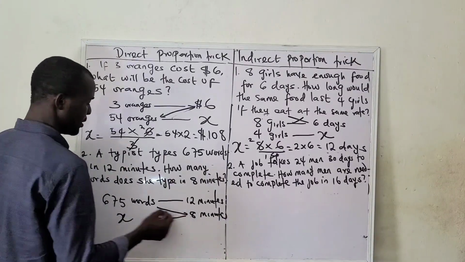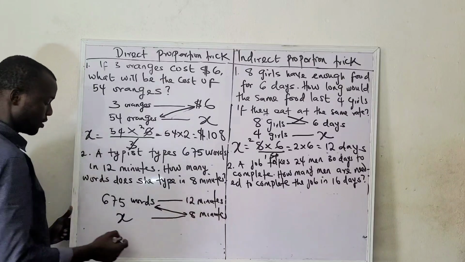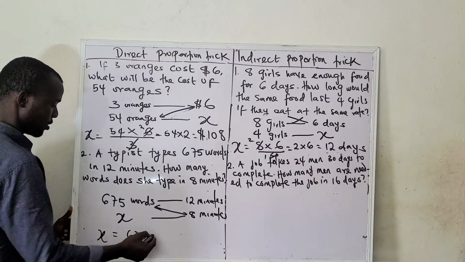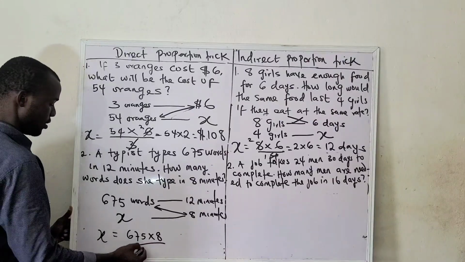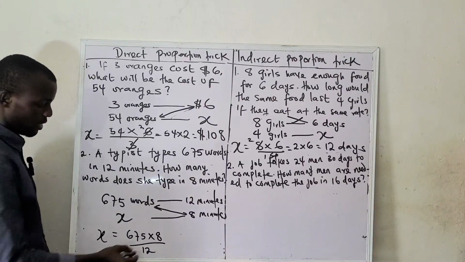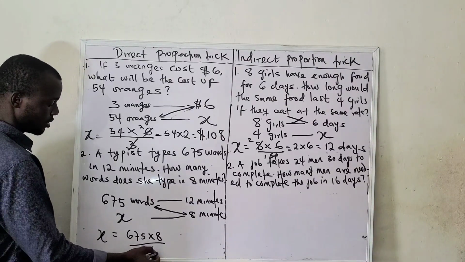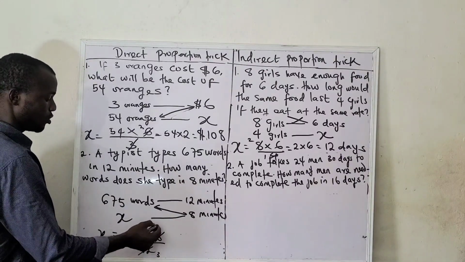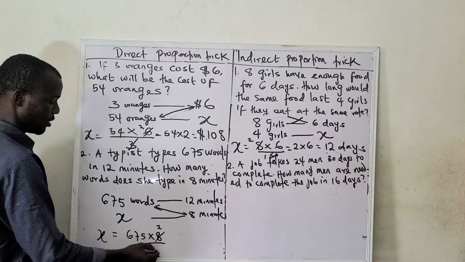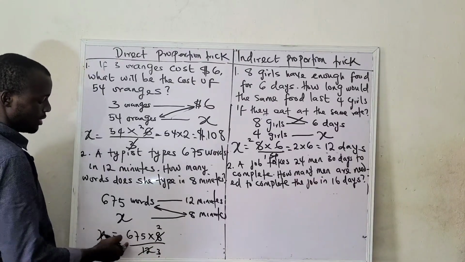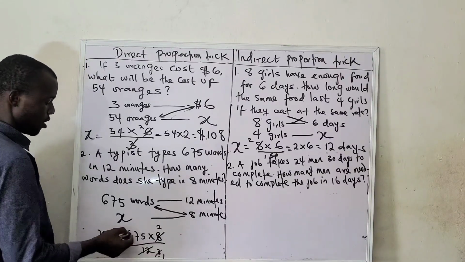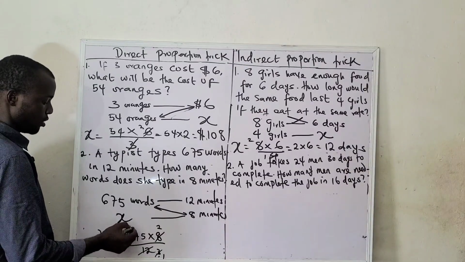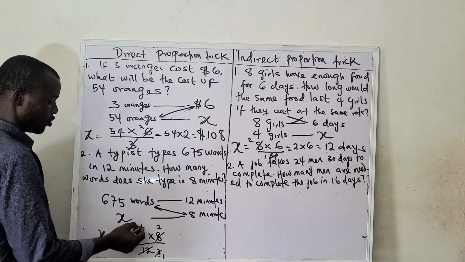Again, alternate and multiply, divided by what is left. So our x here will be 675 times 8 divided by 12. 12 here is 3: 4 into 12 is 3, 4 into 8 is 2. The 3 left here, we can divide 675 by this, and it is going to be 225.